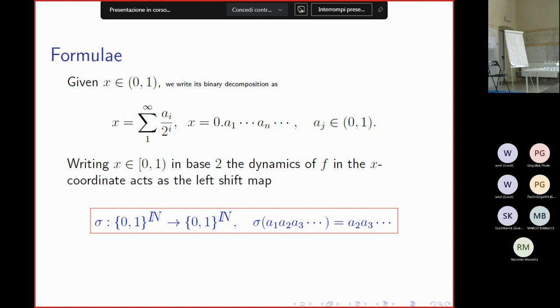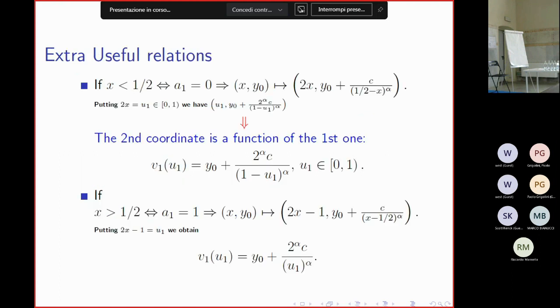This is like using that the double map behaves as a left shift map, and using this we were able to give a formula for the pre-orbit of any point.